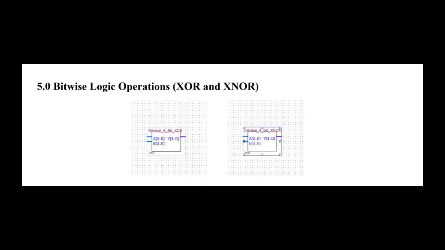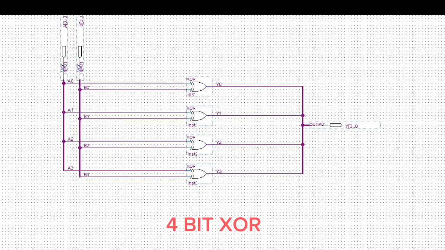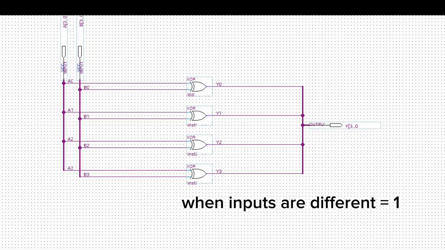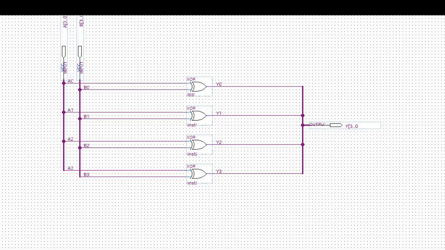And then, in addition to arithmetic operations, XOR and XNOR are required to support bitwise logical operations. The XOR operation produces a logic high output when the input bits are different. For example, a 4-bit XOR logic unit is implemented by applying the XOR operation bitwise to the input operands A and B. So each bit of A is XORed with the corresponding bit of B, producing a 4-bit output.